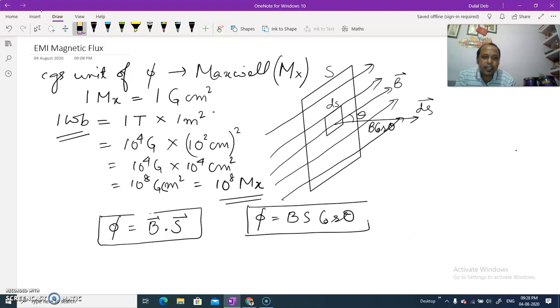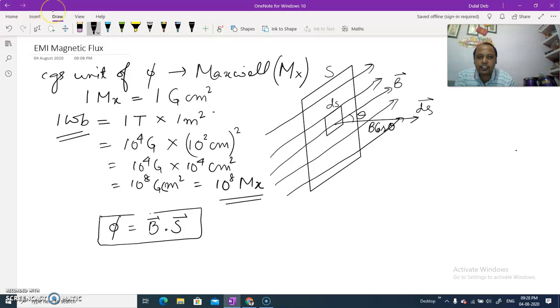To calculate the dimensional formula, we write it in the form of M, L and T. So we have the value of flux. We are just taking the magnitude. It is BS. I am not taking the dot product. I am just writing the values of magnetic field and area, because we have to multiply these to get the dimensions. So first the dimensions of B.